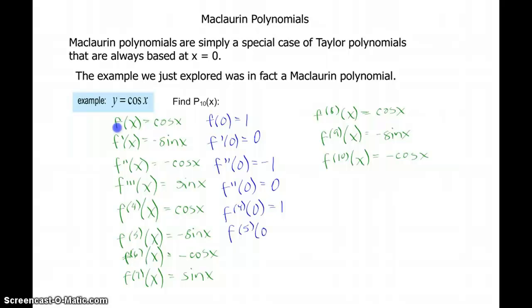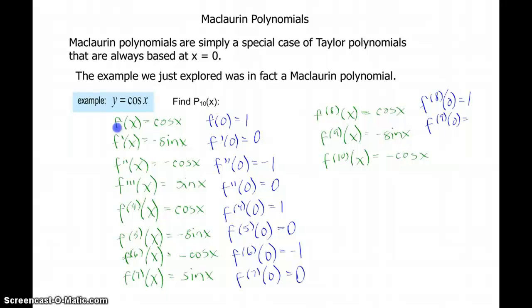Fifth derivative at 0 is 0. I'm just plugging 0 into all of these derivative functions and evaluating them and showing my work. 8th derivative at 0, positive 1. 9th derivative at 0 is 0. 10th derivative at 0, negative 1.